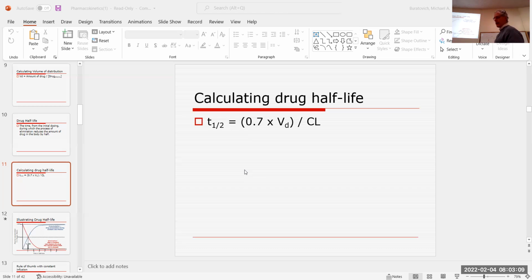That gives you a particular time, and that particular time is defined as the half-life. Notice it gets to about 50% total plasma concentration. So that's the time it took when the drug was at its peak to the time it was reduced by half. That's a half-life.